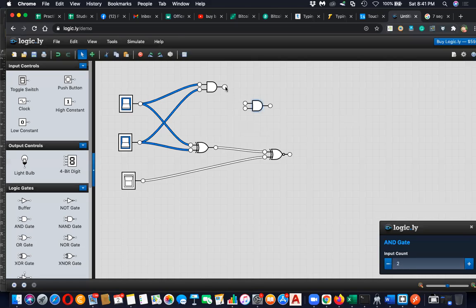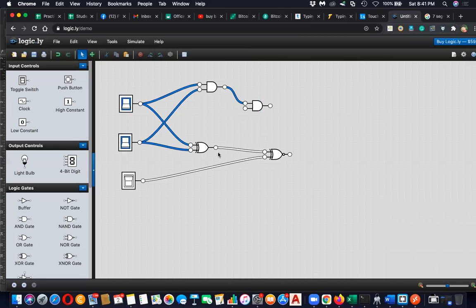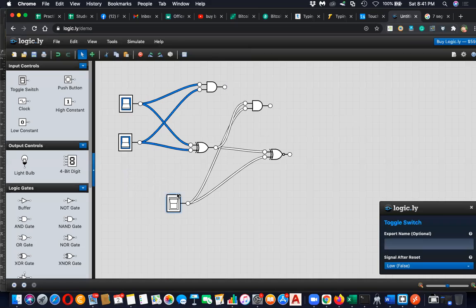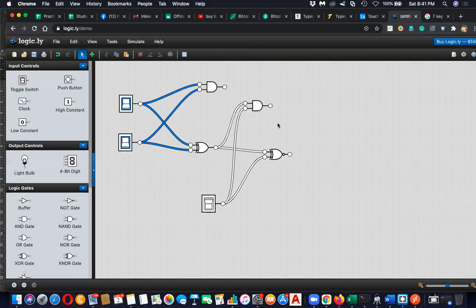That AND gate will take our input from these two, this one and this one, and create another AND gate. Okay. Then both AND gates you have to combine using an OR gate.